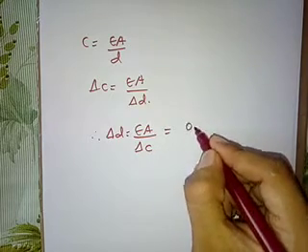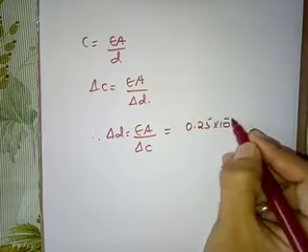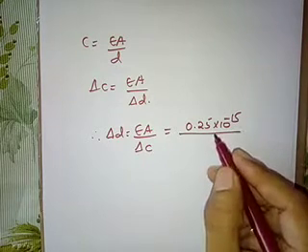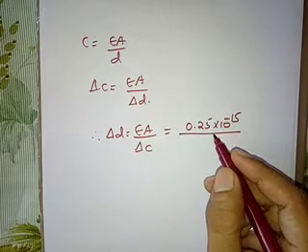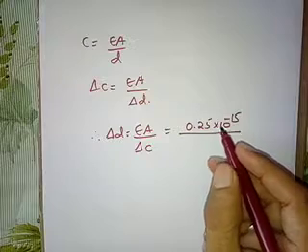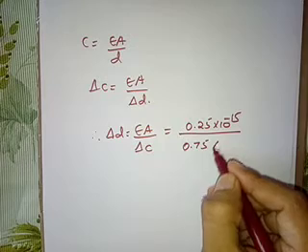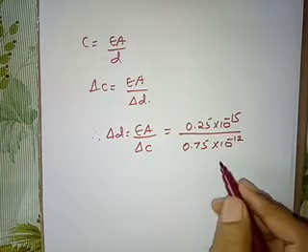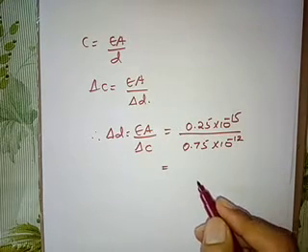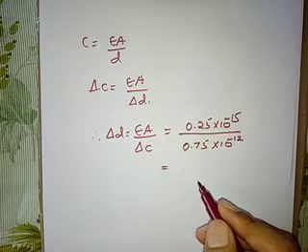Epsilon A we have got 0.25 into 10 raised to minus 15, divided by delta C. Delta C is given, so it is 0.75 into 10 raised to minus 12, right? So if we simplify, then we get this.